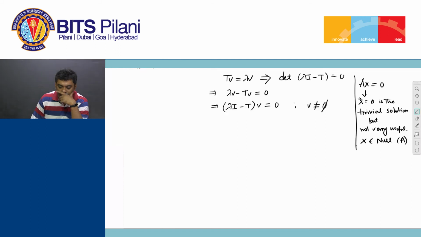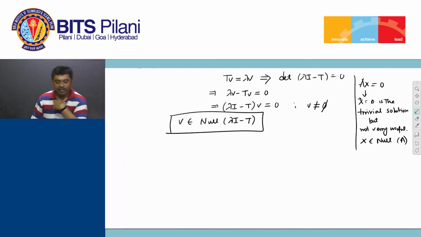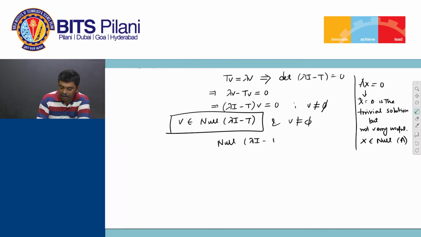Now, according to the definition of null space, I can easily see that the vector v is in the null space of lambda I minus T, right? And I also know that v is not zero, which means what? It's easy to see that the null space of lambda I minus T is not zero.